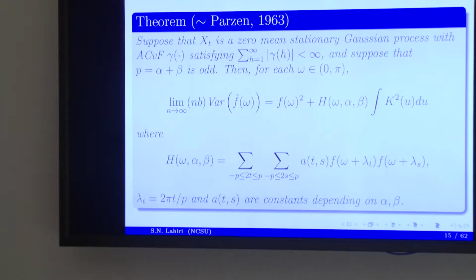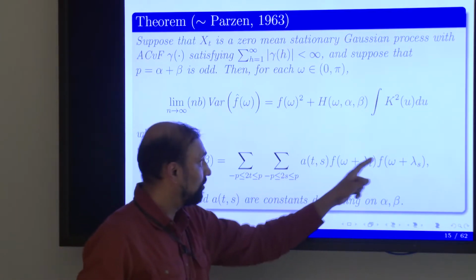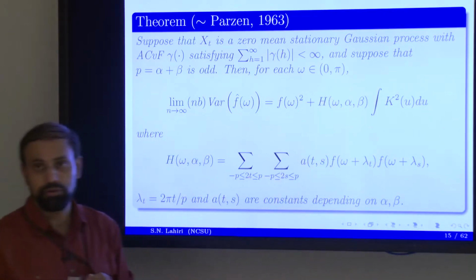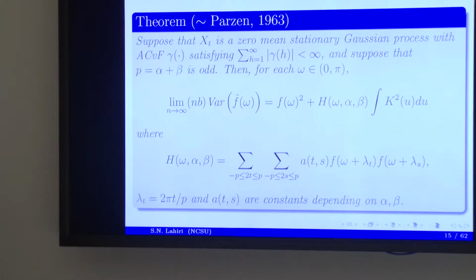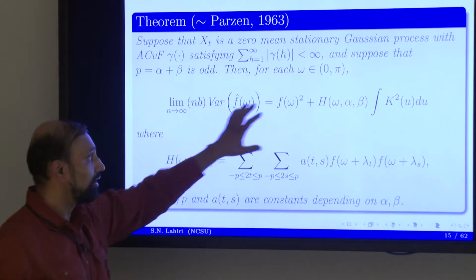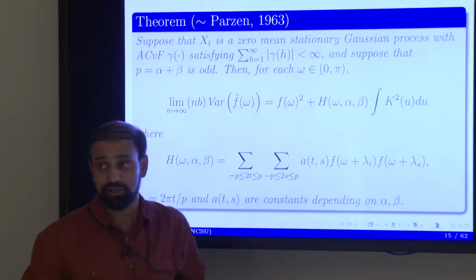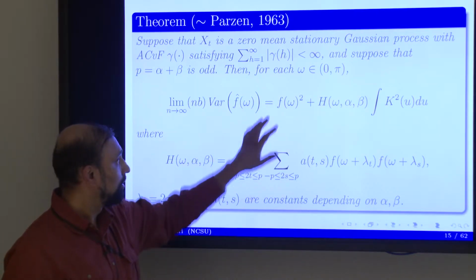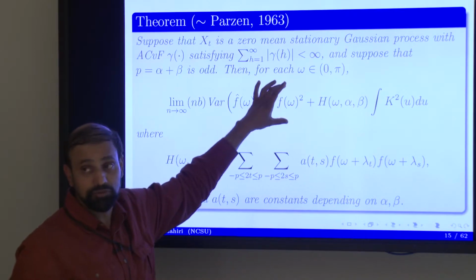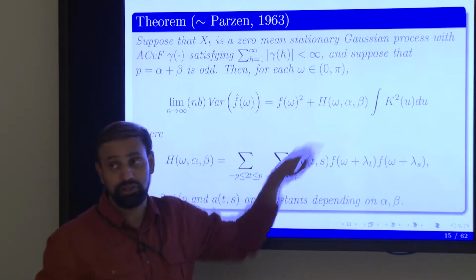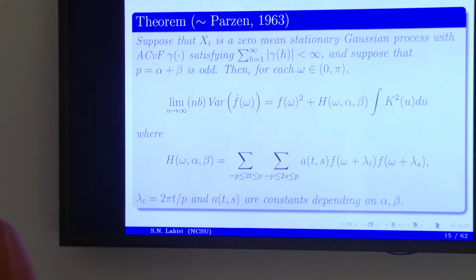You're going to look at these p many Fourier frequencies. The product of these is going to contribute to the scaled variance. So you have mean square consistency of your spectral density estimate. It is going to decay at the rate 1 over n b, but the constant that you get is much larger than what you get when you have no missing observations. This is the contribution coming from having no observations in those periodic intervals of length beta.